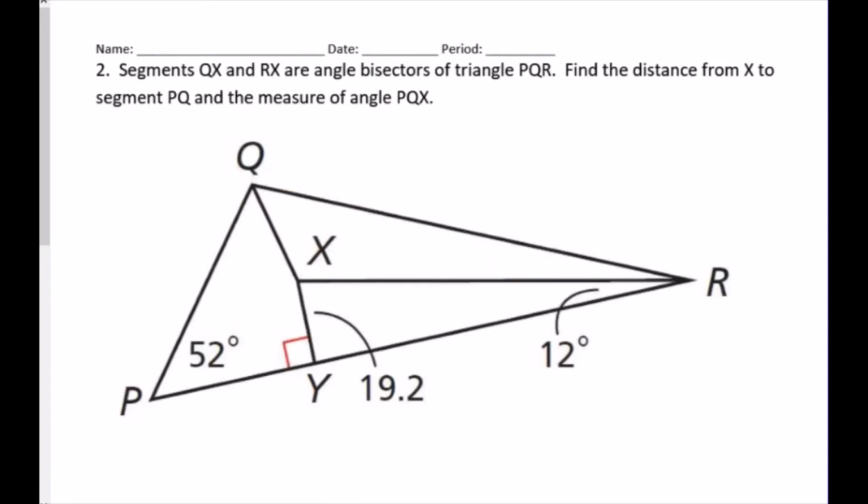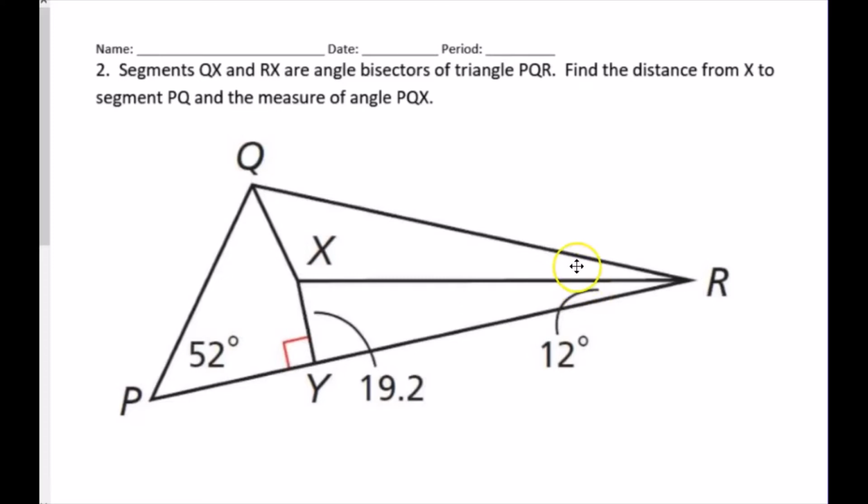So what should I label first? What angle? XRY is 12, right? What else can I label?